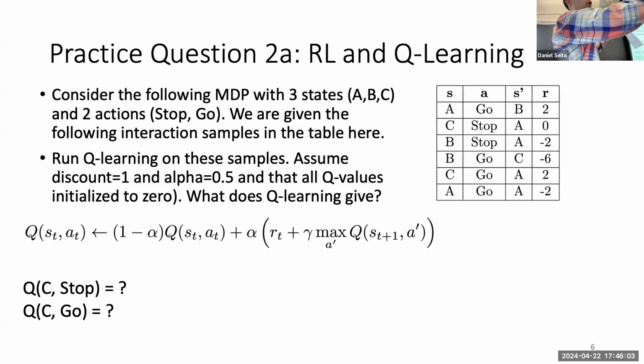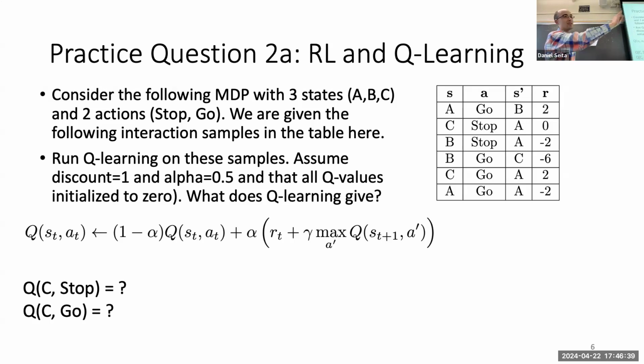We're going to go through in order, row by row. The first row is updating state A and the action go, which by definition is 1 minus alpha times the current value, but we assume everything is 0 to start, plus 1/2, which is this term, times the reward of 2 plus gamma times the max over all the Q values.